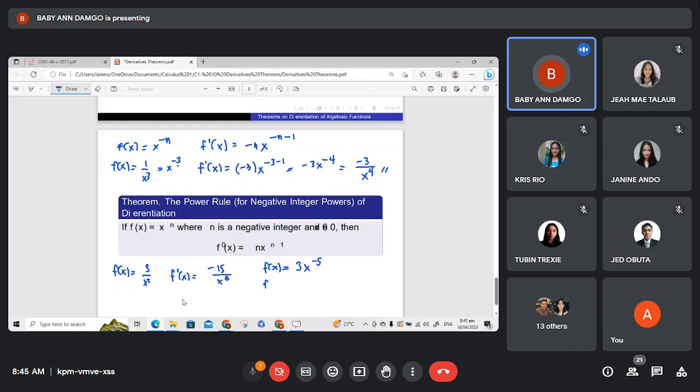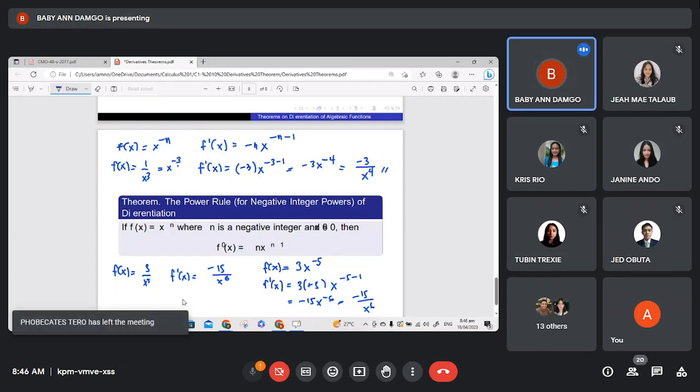The derivative is 3 times negative 5 times x to the power of negative 5 minus 1. So this is negative 15 x to the power of negative 6, which is equal to negative 15 over x to the power of 6. Okay, did you understand, students? Yes, ma'am. That is correct, ma'am.